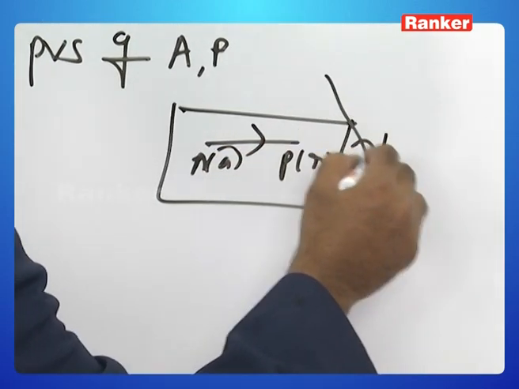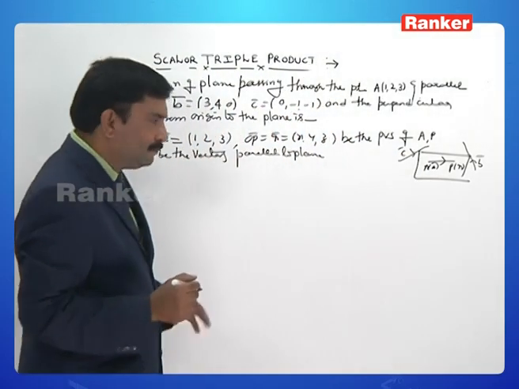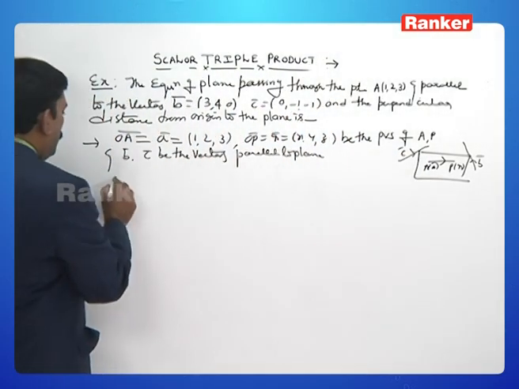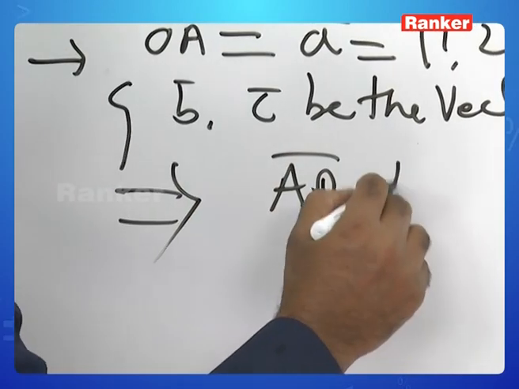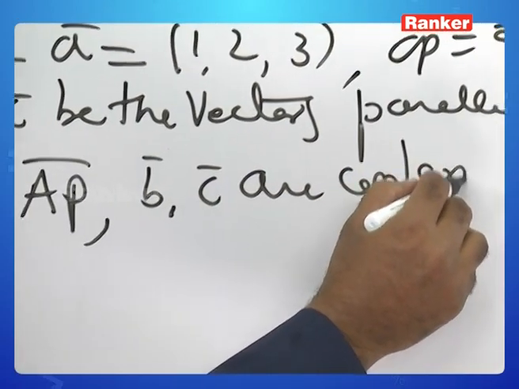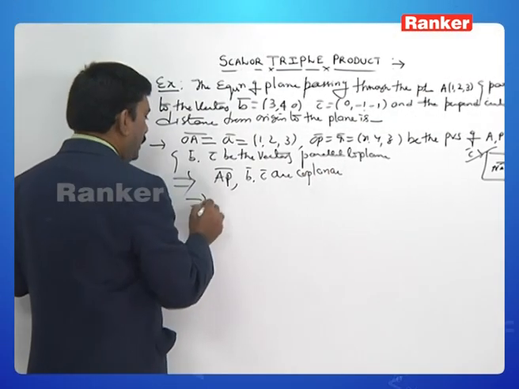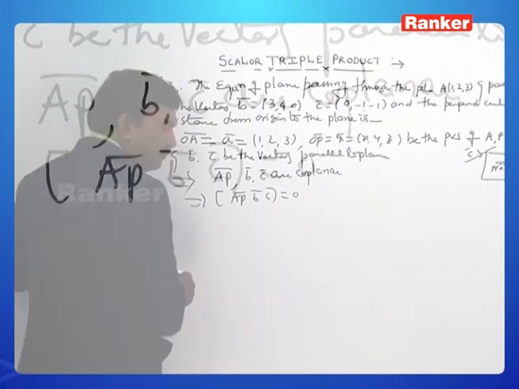This is B bar. This is C bar. Now I can write, which implies AP bar, B bar, C bar are coplanar. I can write box of AP bar, B bar, C bar is equal to 0.